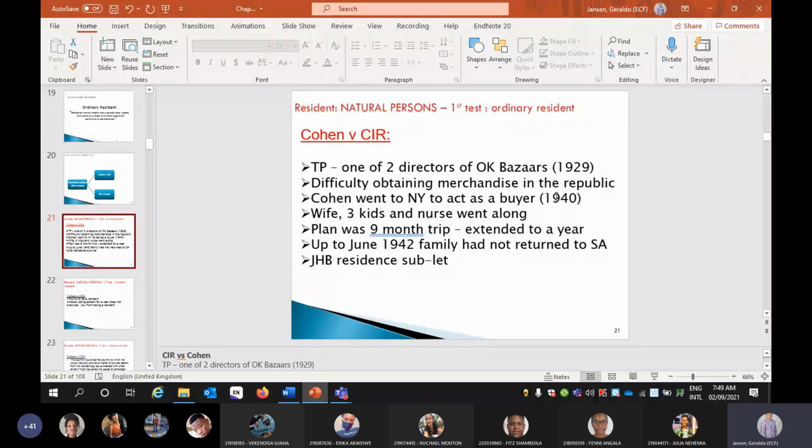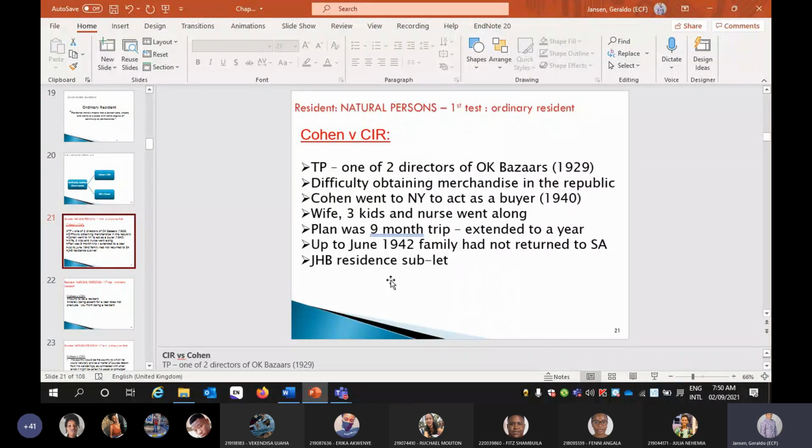Now, guys, the issue was with his Johannesburg residence, the house that he had in Johannesburg. While he was in New York, he leased it to tenants and he earned money. Obviously, the tenants had to pay him rent.